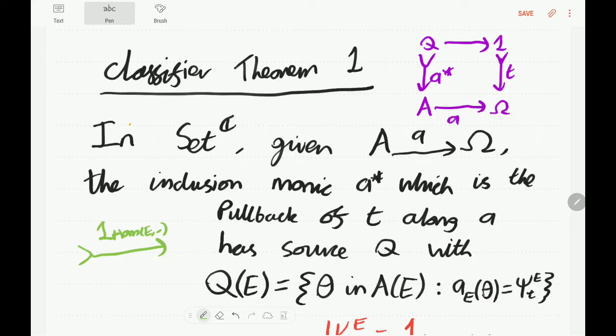So essentially this allows you to work out which subobject is being classified by a particular arrow into omega, at least up to equivalence, but that's all you can really do in topos theory.